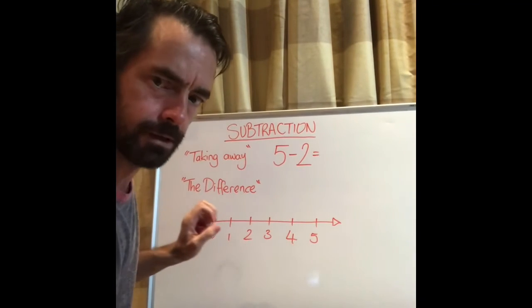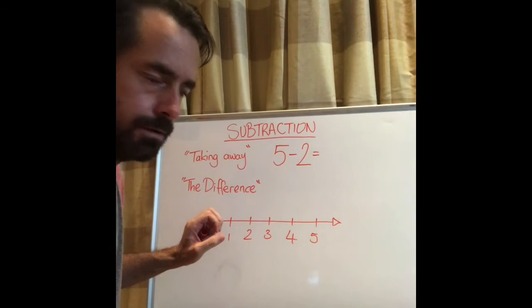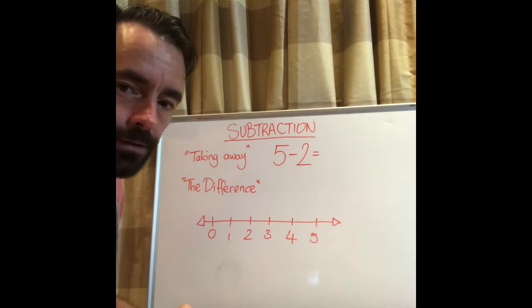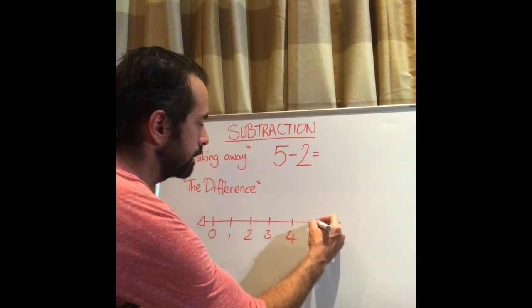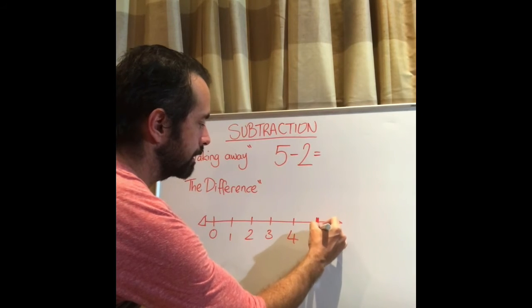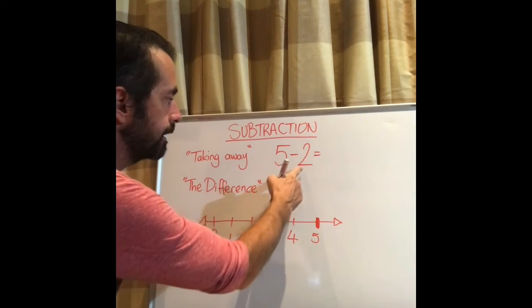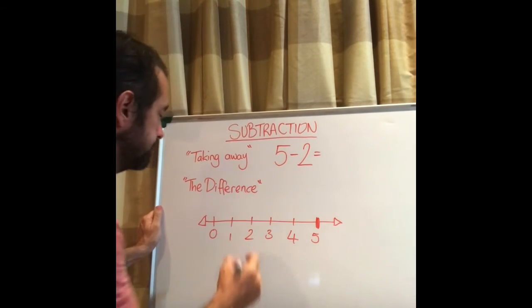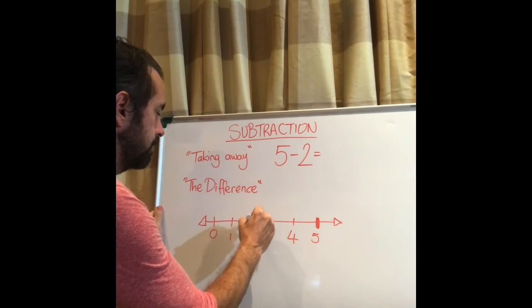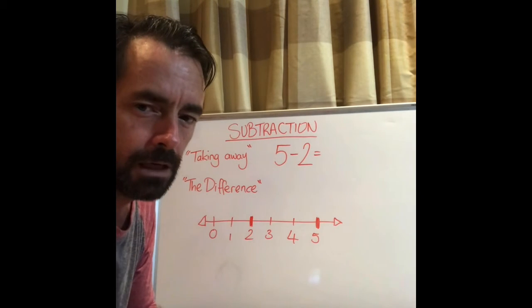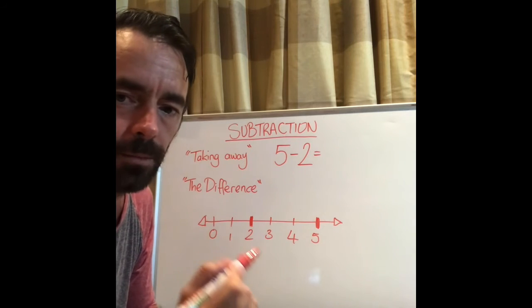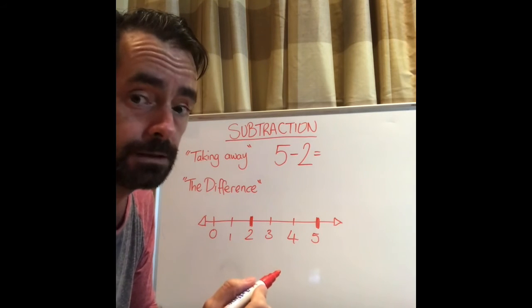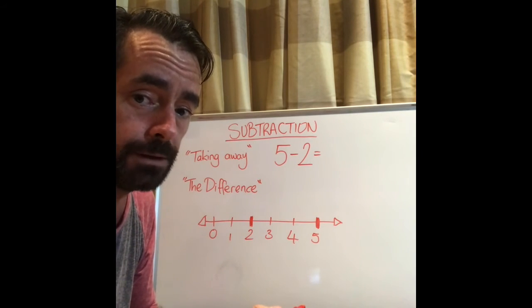So let's pretend we don't know the answer, even though we do. So if I have 5, so I'll make a nice thick mark there, and then I have 2, then really subtraction is also about knowing the difference between those two numbers.